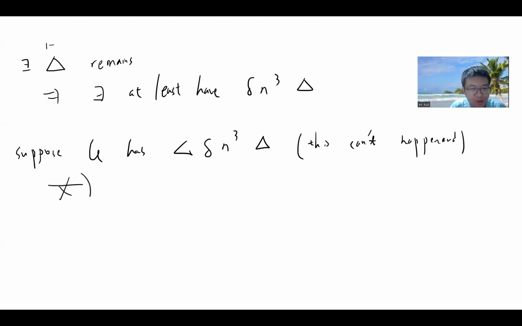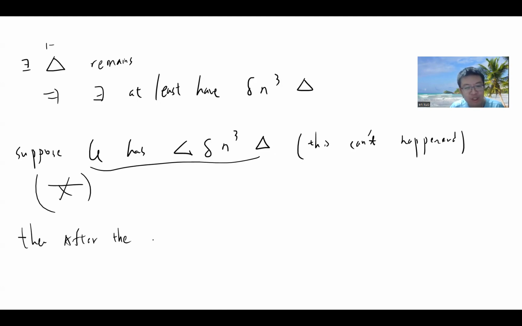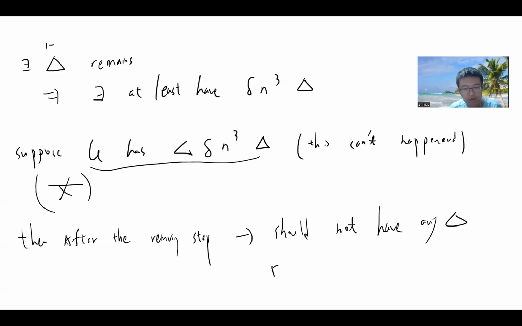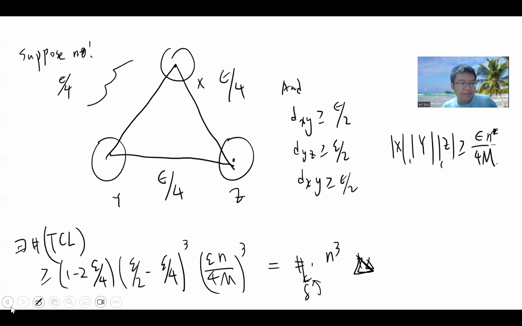So it's a contradiction. This proves that if G originally has less than delta n cubed triangles, then after the removing step there should not be any triangle. So this proves the triangle removal lemma.